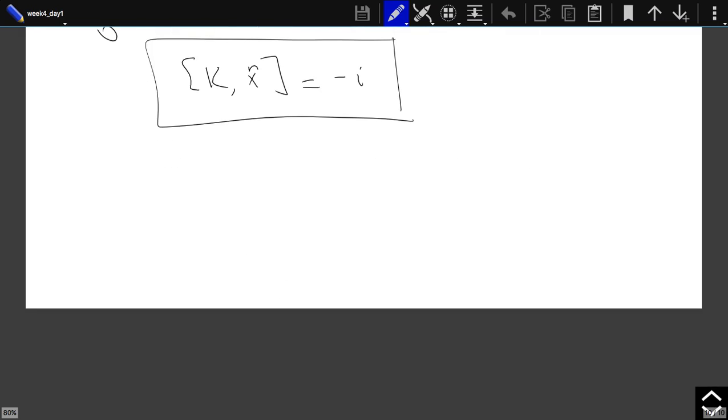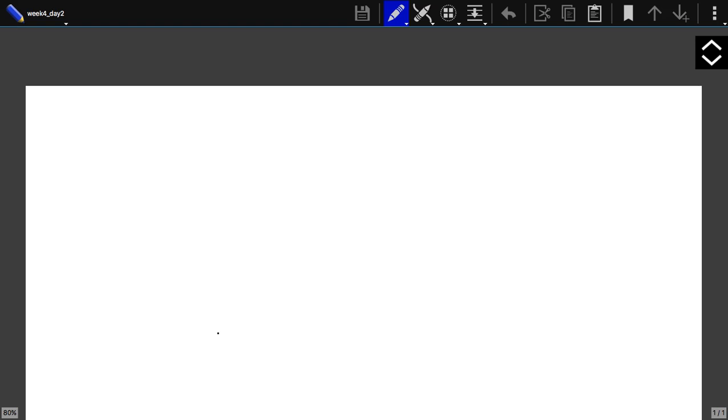Now the next question is, what is this operator K? What is the corresponding observable? Well, there's no proof of what that operator K is. We know that it's an observable. We know that it generates translations in the sense that we had discussed on Monday.